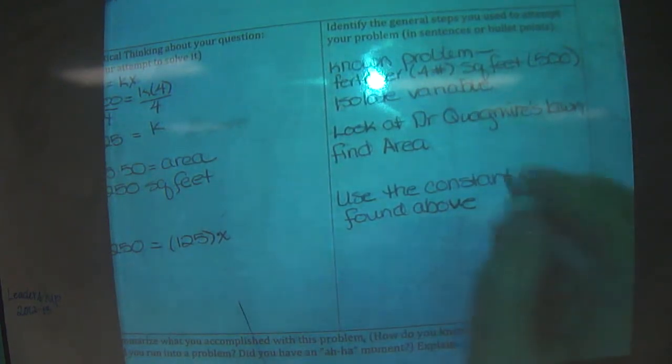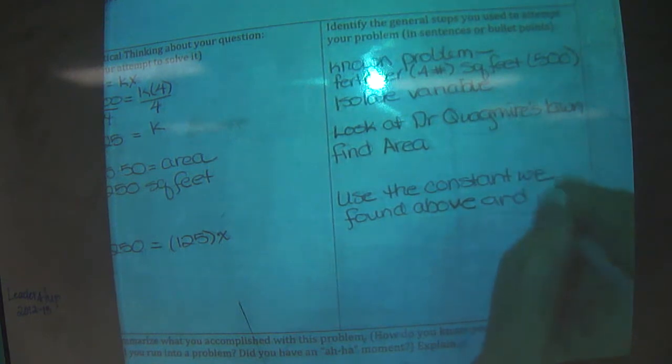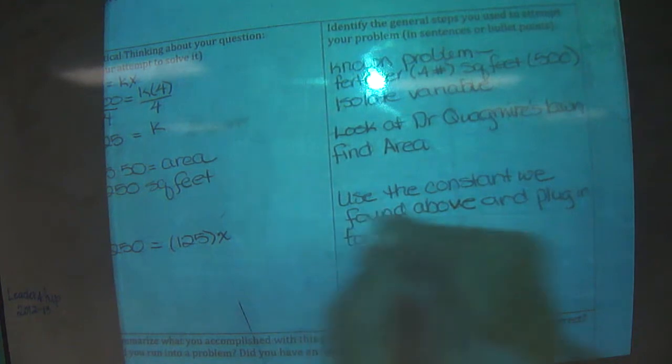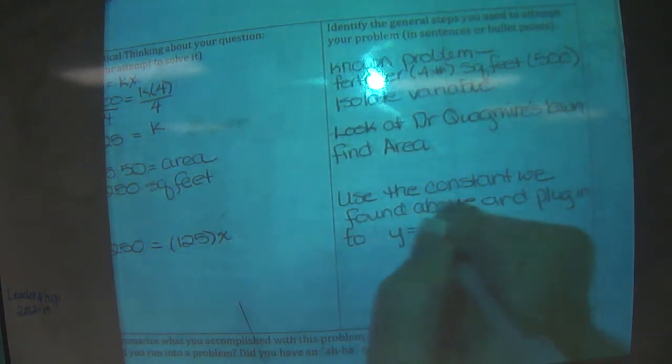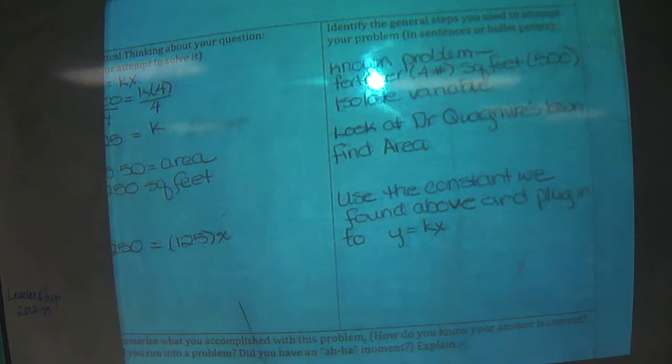Now Y is 1250 equals, it's the square footage. What's the constant we found? K. 125 X. Use the constant we found above and plug in to Y equals KX.